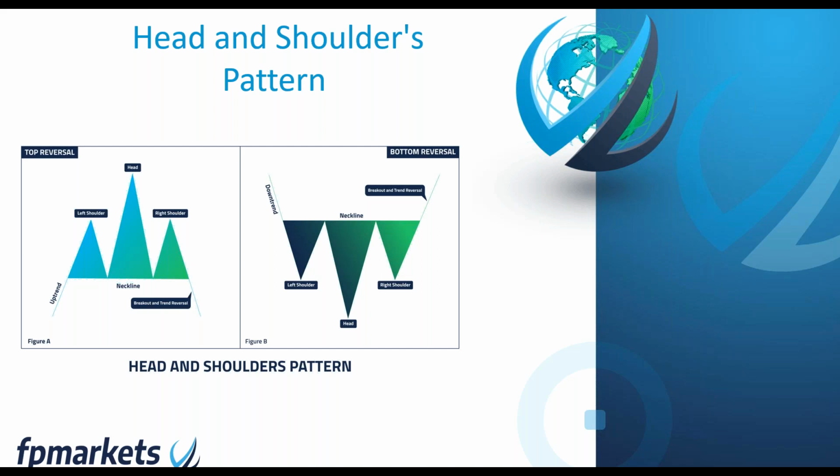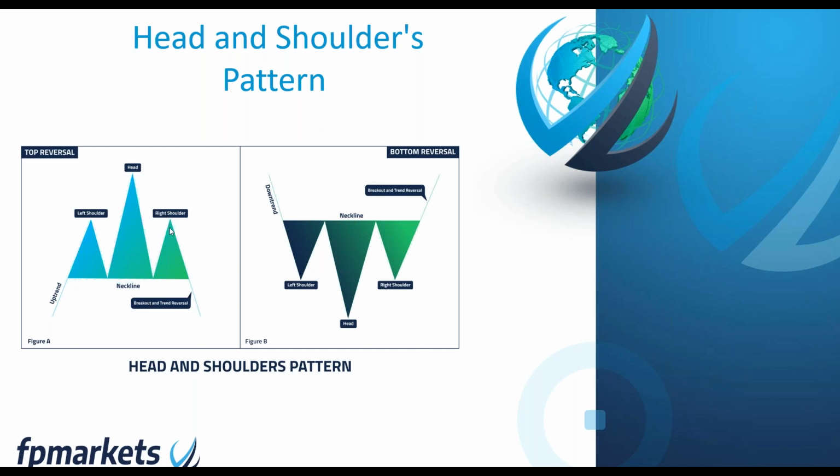So this pattern consists of, as you can probably see on the slide, 3 defined peaks for a top and 3 defined bottoms for an inverted configuration. The first peak in a top is called a left shoulder, followed by a subsequent higher high, which is the head, and then another right shoulder forms following this.